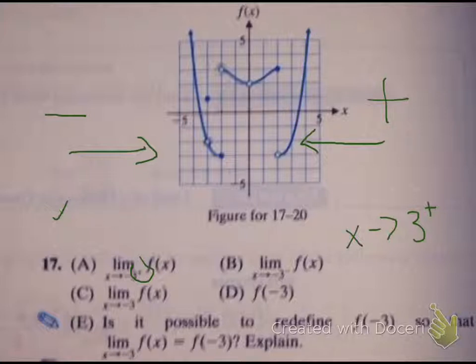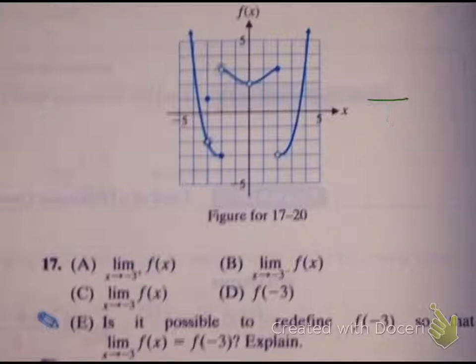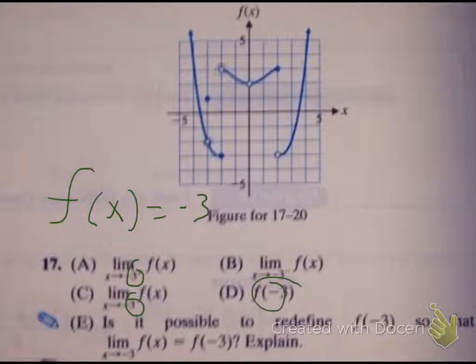So in this example, let me clear everything out. What we're looking at is f of x, which is just a function of x, as we get close to or equals negative 3. All of these have to do with negative 3 as we're approaching negative 3.